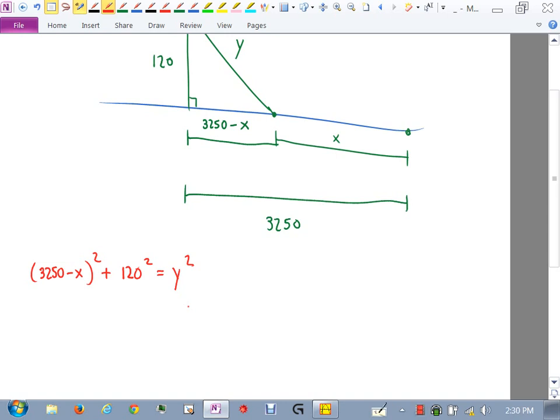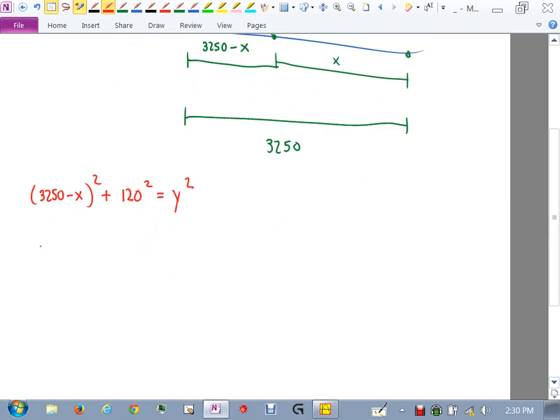These numbers are going to get big, but that's all right. I can get y by taking the square root on both sides, can't I? But let's just actually multiply this out. So I'm going to have to FOIL this. The numbers are going to get nasty, all right? 3250 squared, oh my goodness.